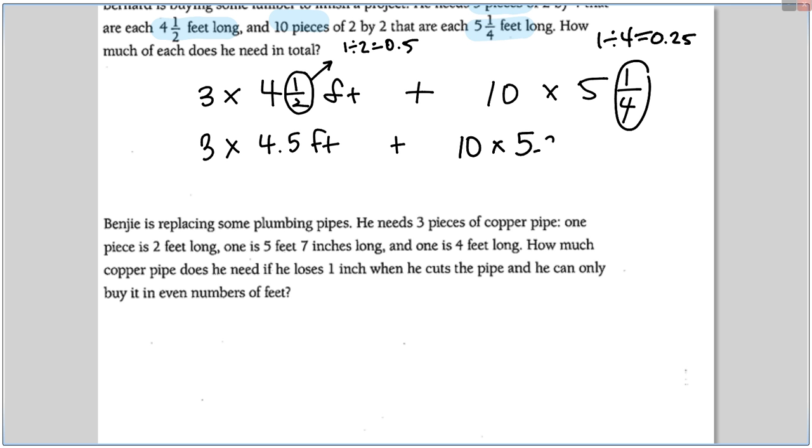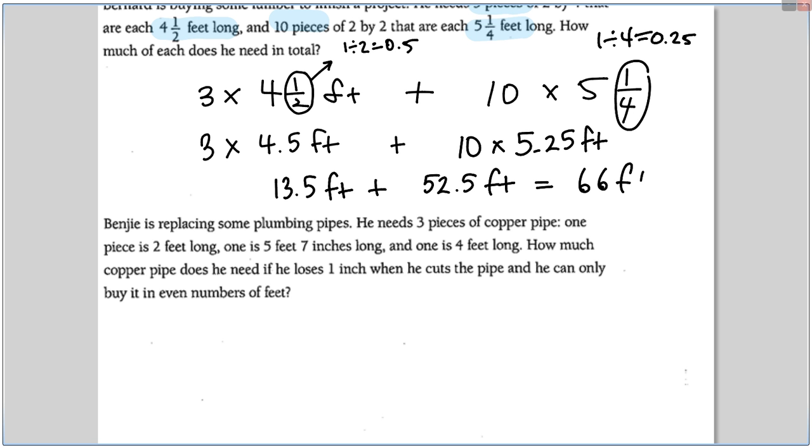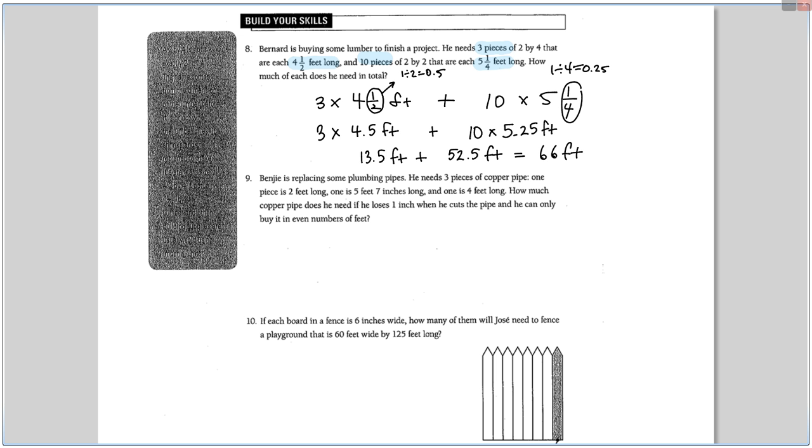So this is 5.25 feet. Multiply these first, order of operations. 13.5 feet plus, this will be 52.5 feet. Add those up. 66, my favorite number, feet.